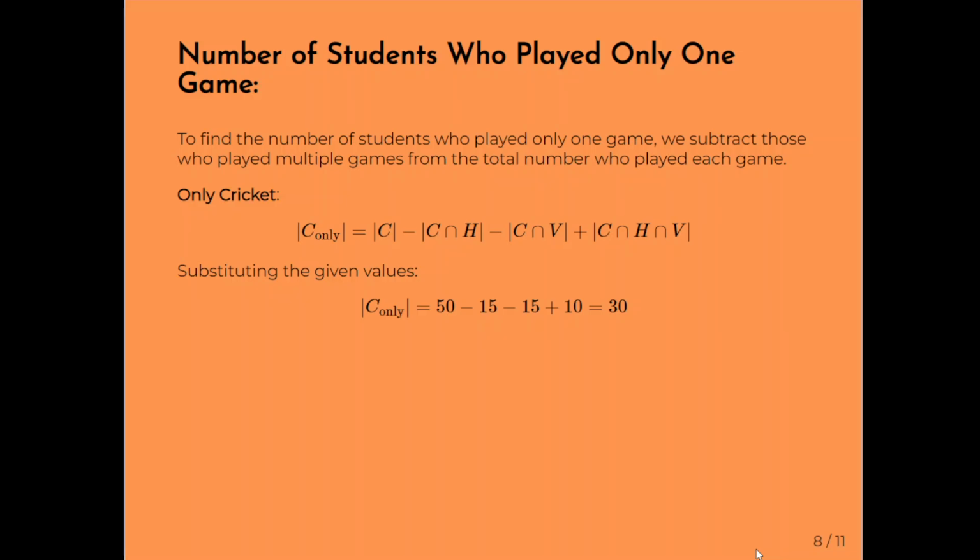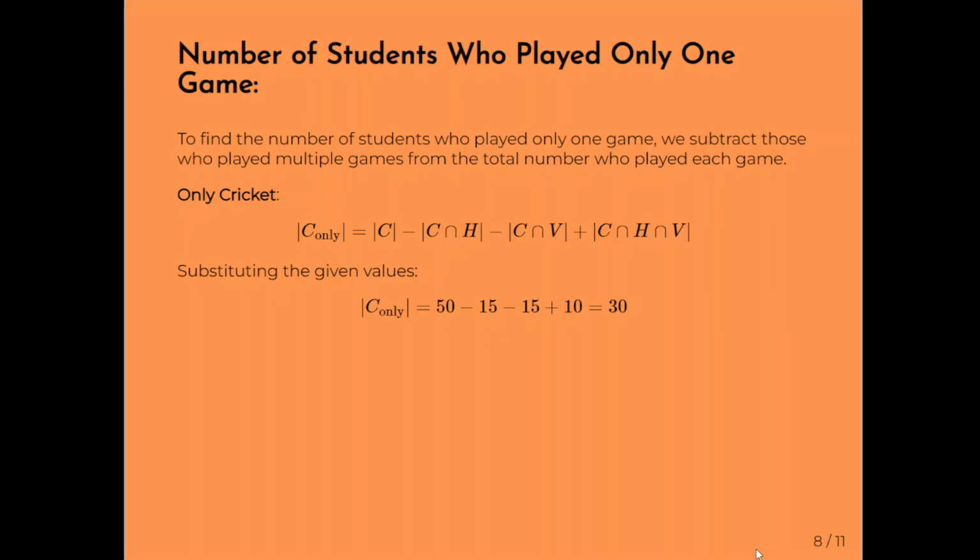Well, that's the students who play cricket minus the students who play cricket and hockey, minus the students who play cricket and volleyball. But we're going to do something interesting here. We've double counted some of these students, so we have to put them back in to prevent triple counting. So we're going to add back in the students who play all three sports, and the reason is we have to correct for the overcounting.